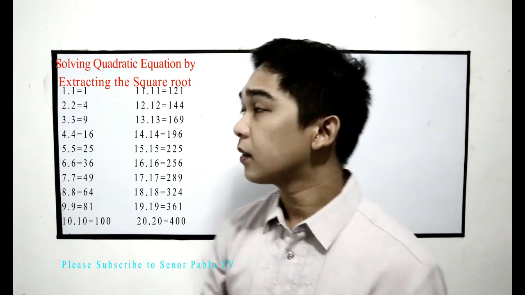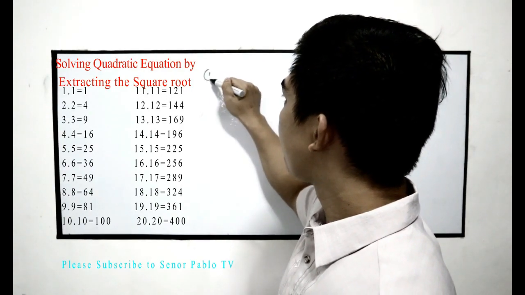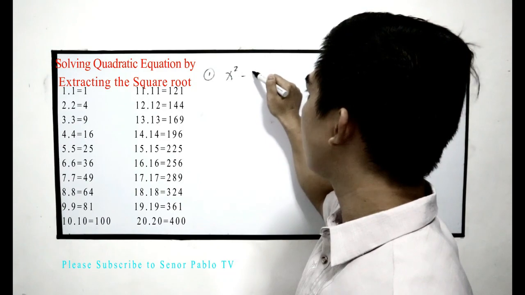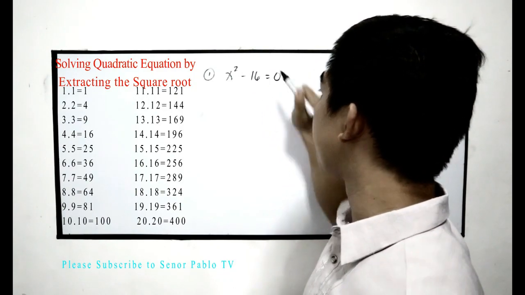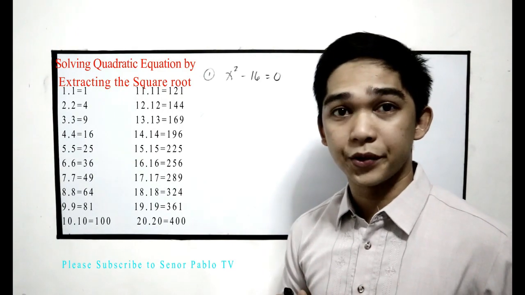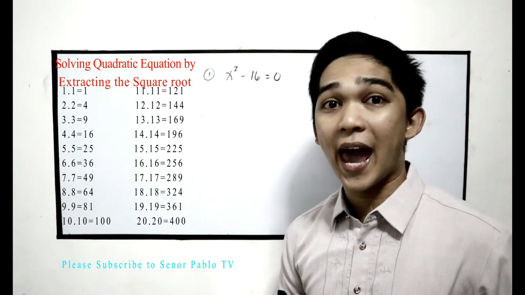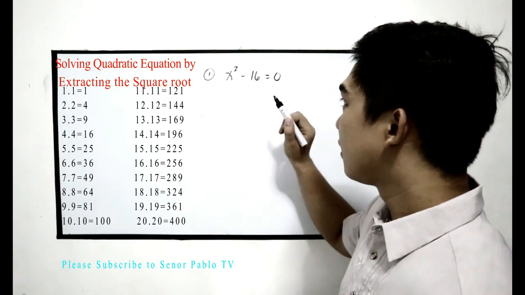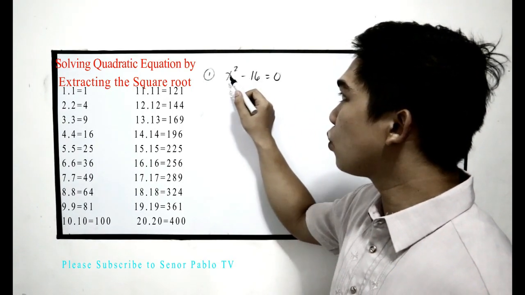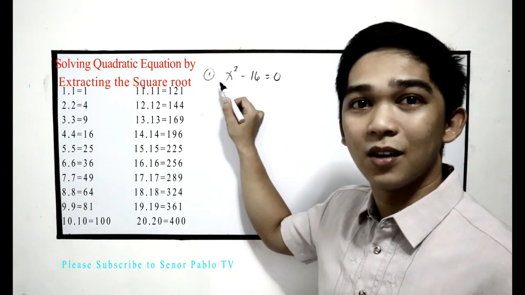Number 1. Let's say x squared minus 16 is equal to 0. Solve by extracting the square root. We need to find the value for x. In this case, we need to isolate our variable.